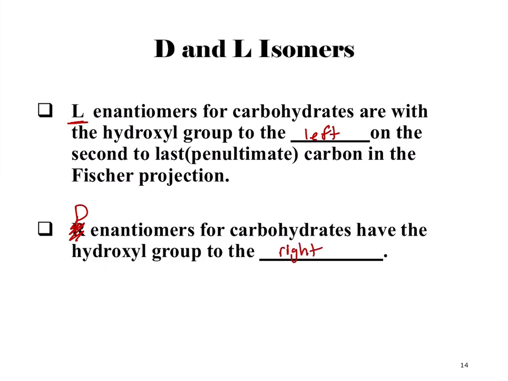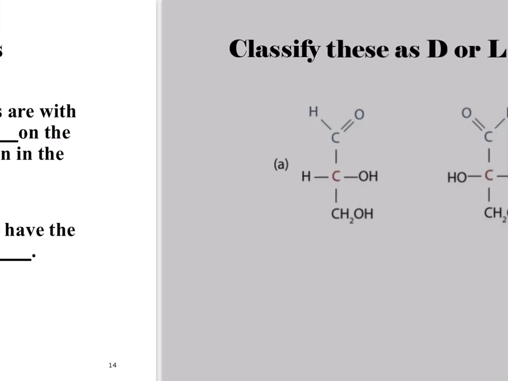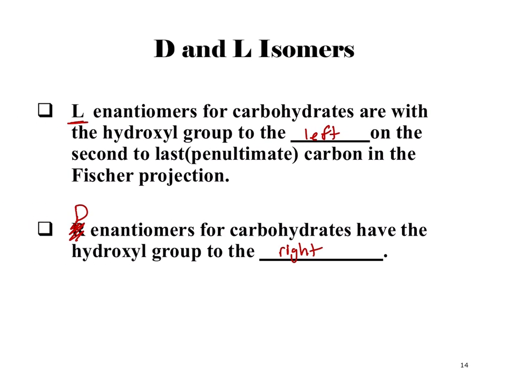And so if I draw, I'll probably do this on the next slide actually. The only thing that matters if we have a D or an L isomer is which direction the penultimate carbon's hydroxyl group faces. And so does anyone know in nature which preference there is from biology class?